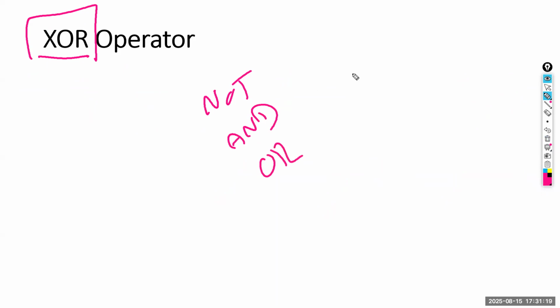Not only English, Sinhala, Tamil, or whatever. But because it's a very distinct logic, they call it XOR.